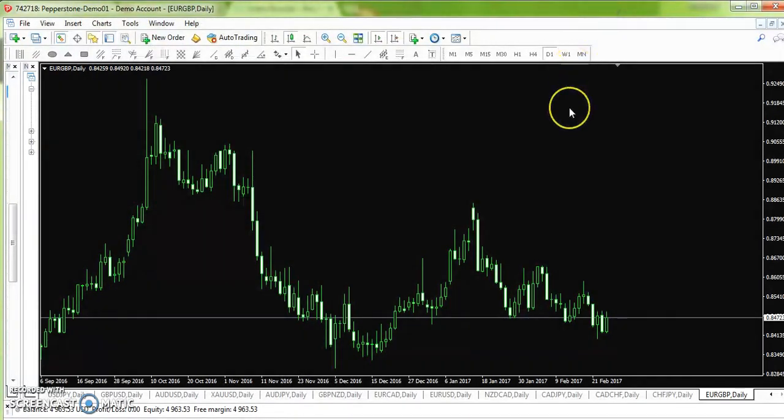Okay, as I have told you, I'm gonna apply this setup on a daily chart. It is up to you. You may apply it on 4-hourly charts, weekly charts, and on a monthly chart as well.